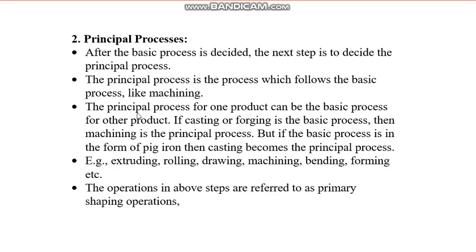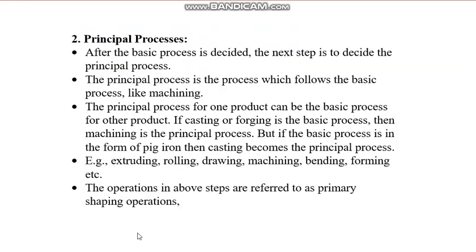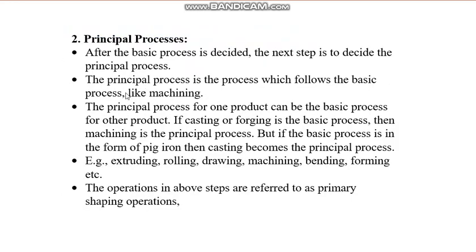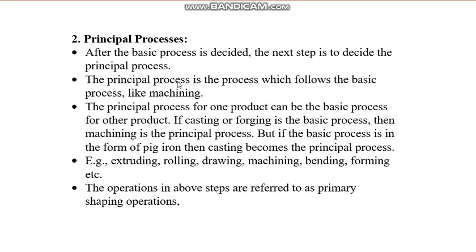That means first you cast it and then you machine it, or first you do forging and then a little bit of machining you may require. So these basic operations are followed by the principal operations, like machining and other things.